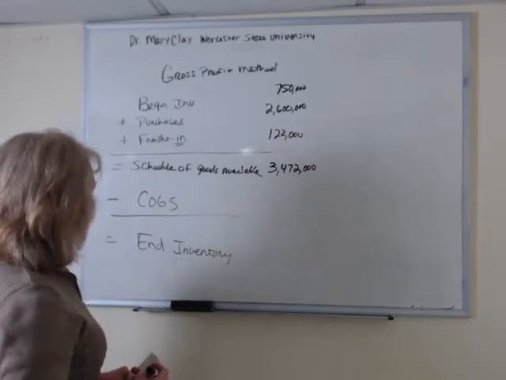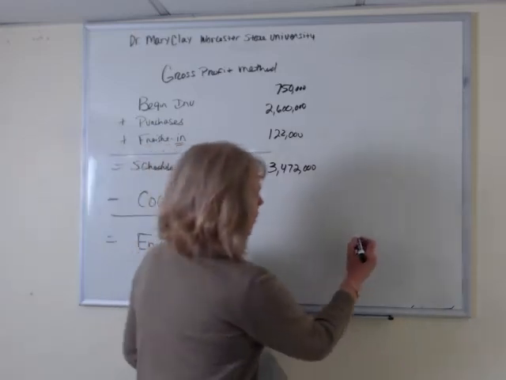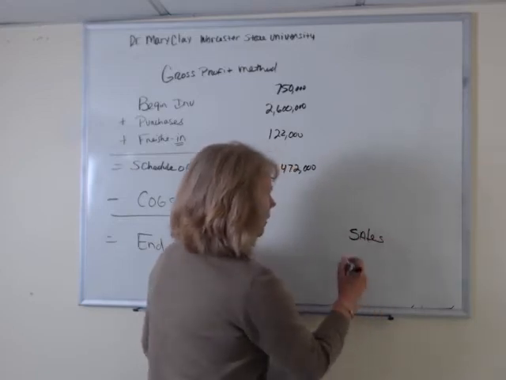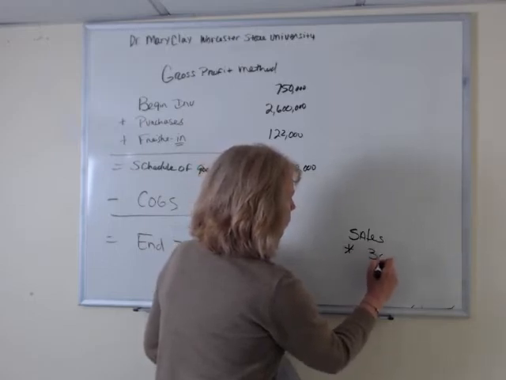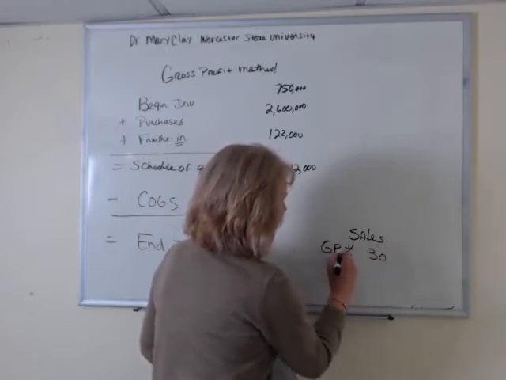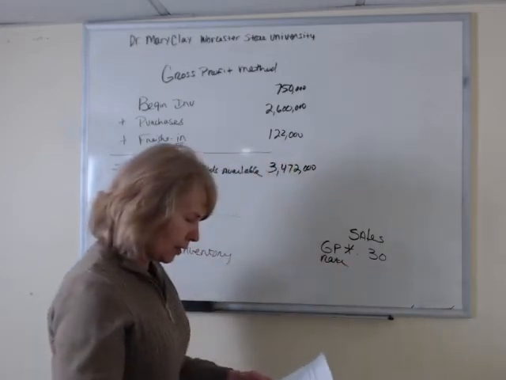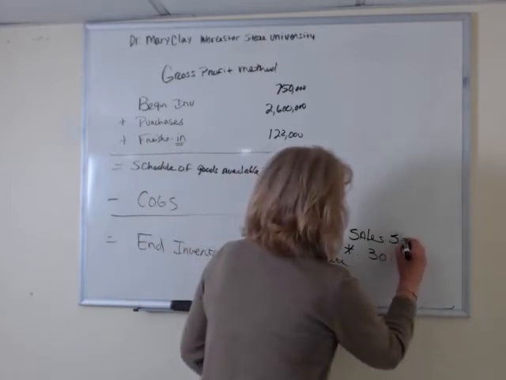You are going to take sales, and then multiply it by 30%, which is the gross profit rate. The sales in this particular problem were 3,700,000.